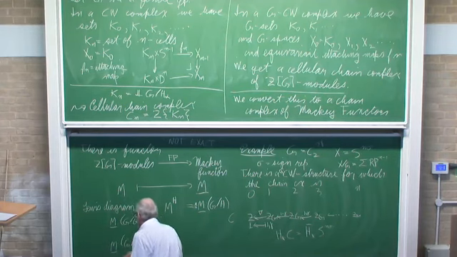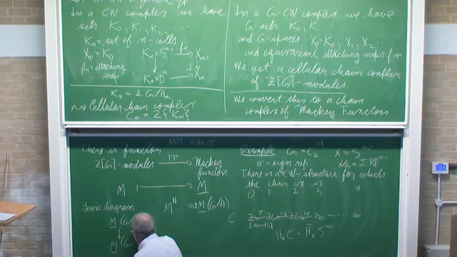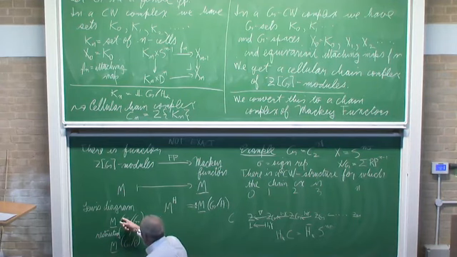So these are 2 abelian groups, and there's a restriction map going this way and a transfer map going that way. And I think the rules require that restriction followed by transfer has to be multiplication by 2 up here.